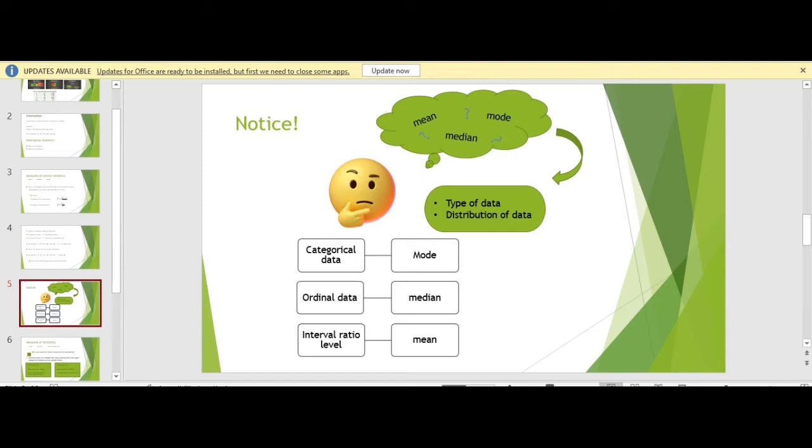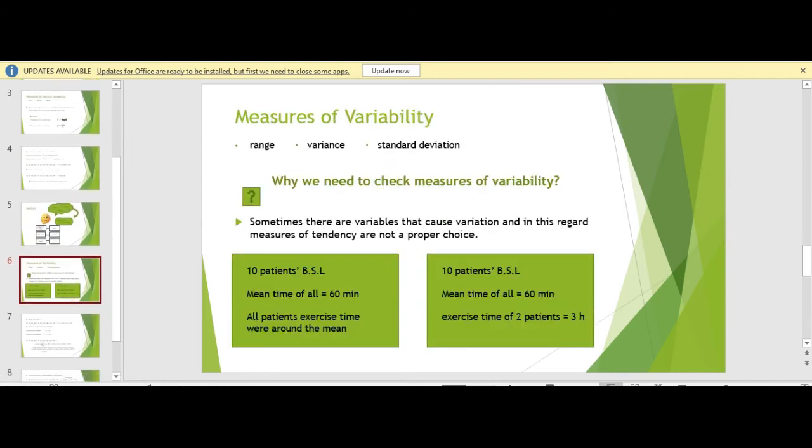What are measures of variability? To understand the concept of variability, bring the previous examples back in mind. What do you think about these data? Why are they so different?